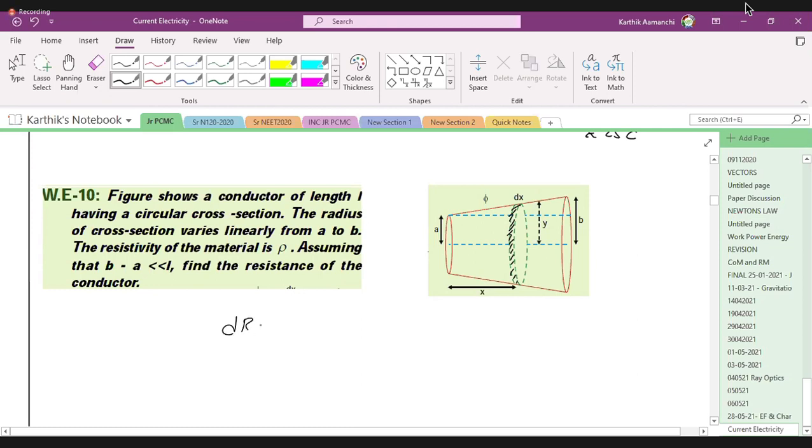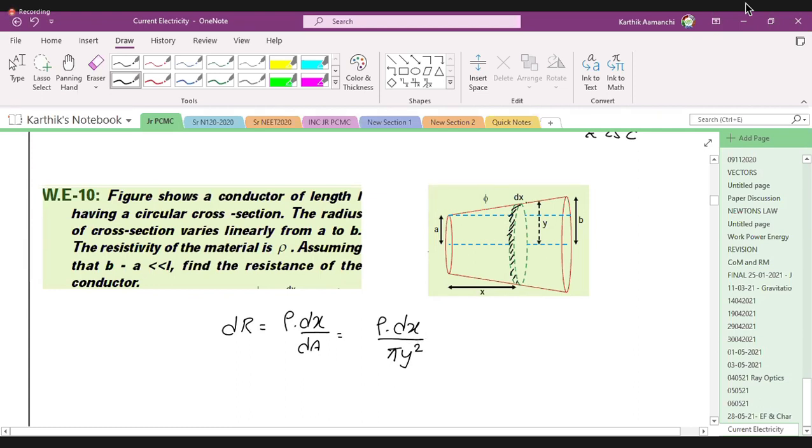Yes or no? dr is nothing but rho dx divided by dA, the area, which is rho dx divided by pi y square. Yes.